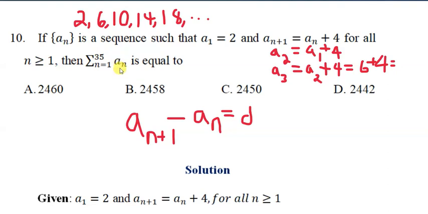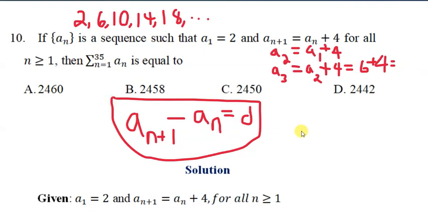The main point you need to know is that for an arithmetic sequence, this is always true, and this can also be rewritten as a(n+1) is equal to an plus d, an plus the common difference, for all natural numbers n greater than or equal to 1.